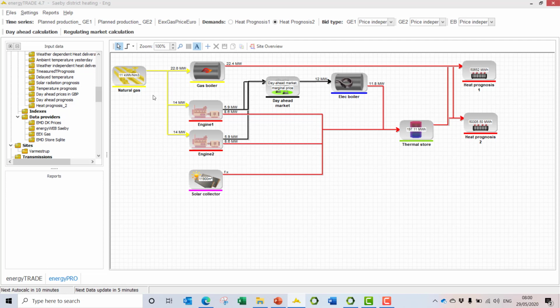So without going through the whole setup process, you can imagine if you're setting up energyTRADE, there's quite a lot involved in that, including setting up to receive weather data, to receive electricity prices, and also to integrate with the control system on your plant.